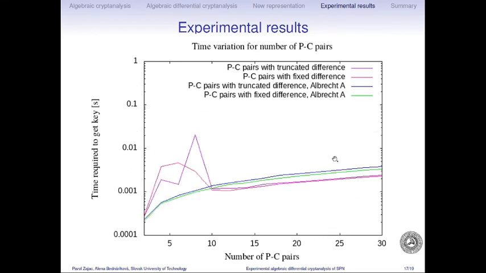What is also interesting is the following situation. The previous graph was describing the situation when we have some number of PC pairs which are valid, which have the required difference. In this case, we have a number of PC pairs which do not have the required difference, and you can see that it's much faster to reject such a pair, but not with our method and a small number of PC pairs.